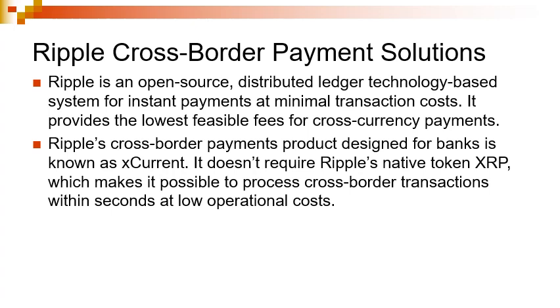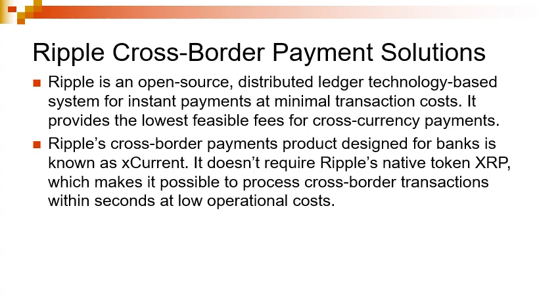Ripple is an open source distributed ledger technology based system for instant payment. So Ripple is an open source distributed technology for transfer of funds at minimal transaction cost. It provides the lowest feasible fees for cross-border payments. Ripple's cross-border payment product designed for banks is known as Xcurrent.